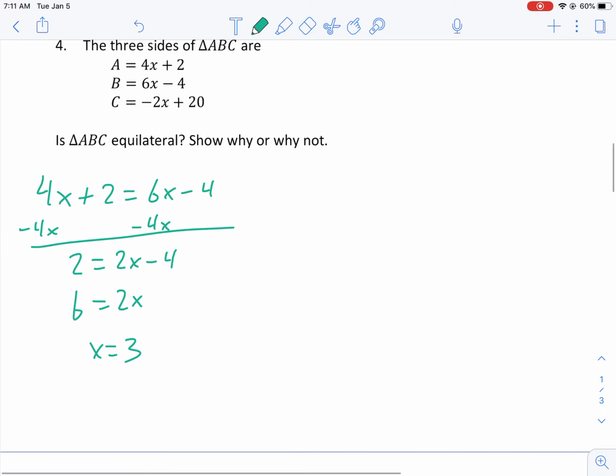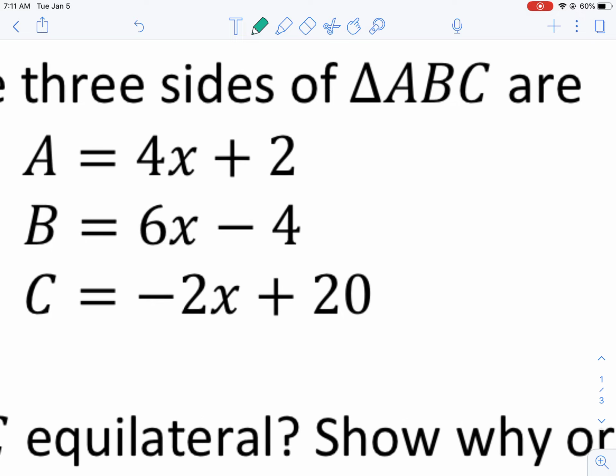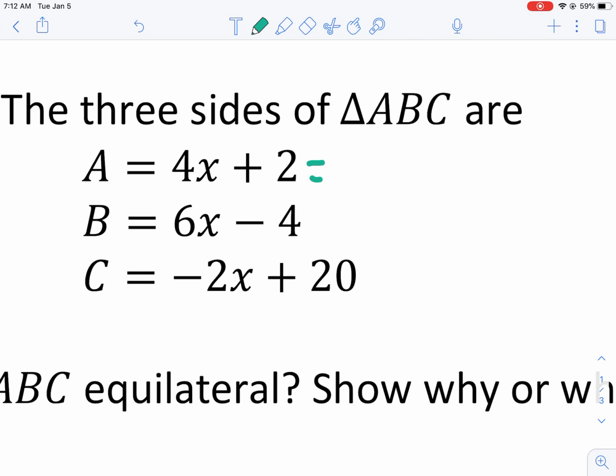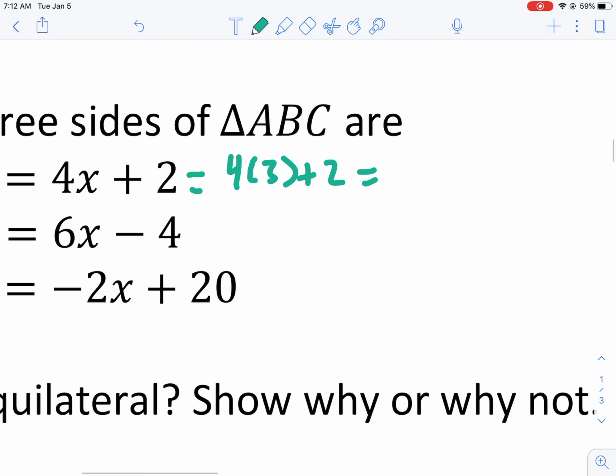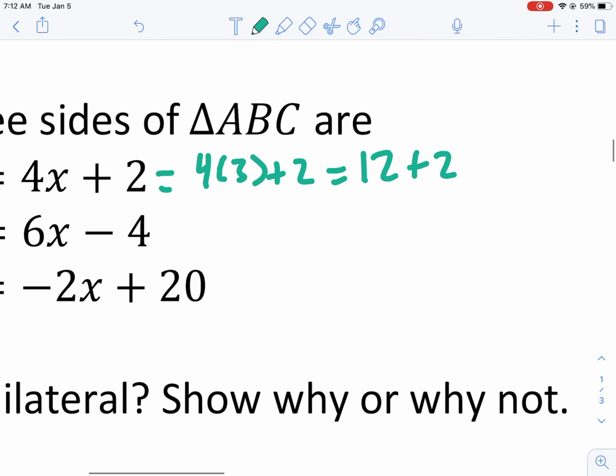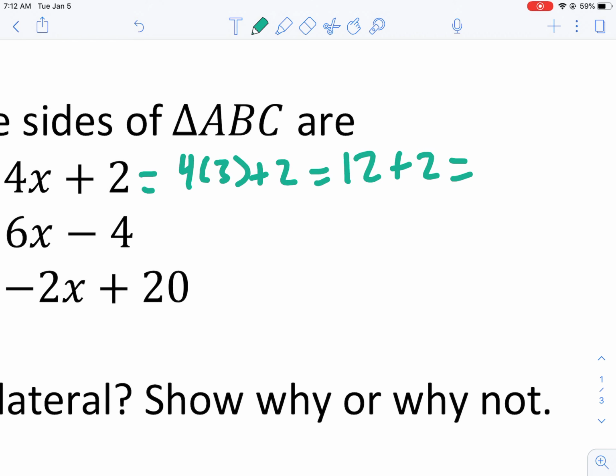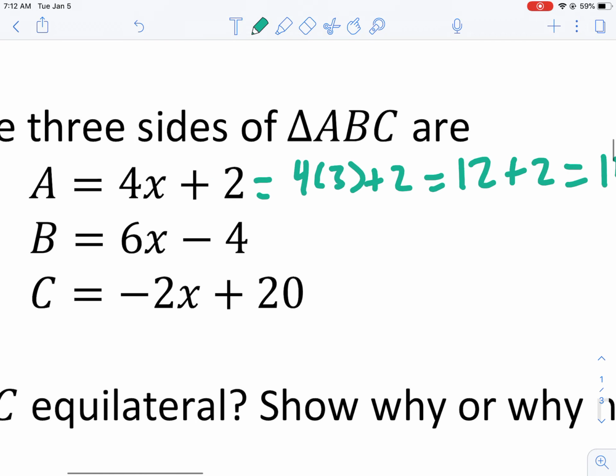So if they were equilateral, we'd be able to plug this in to all three and get the same thing. So let's try and do that. So that would make this 4 times 3 plus 2, which would equal 12 plus 2, which would be 14. Okay.